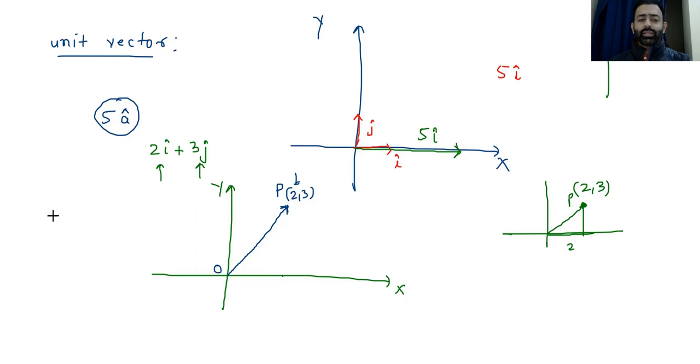So this is a position vector OP, which is denoted by 2i cap plus 3j cap. Here I have introduced the concept of position vector.